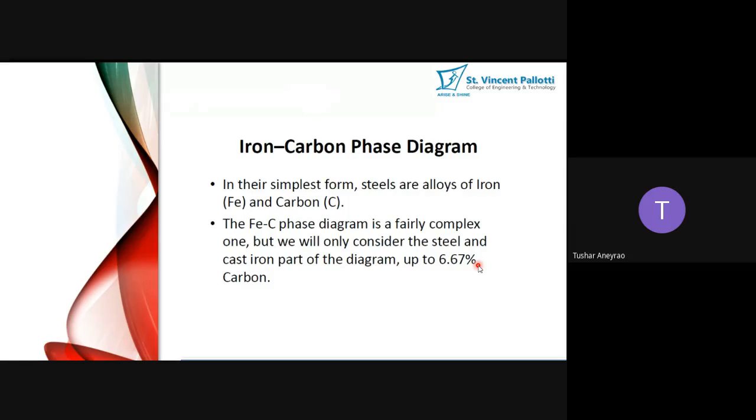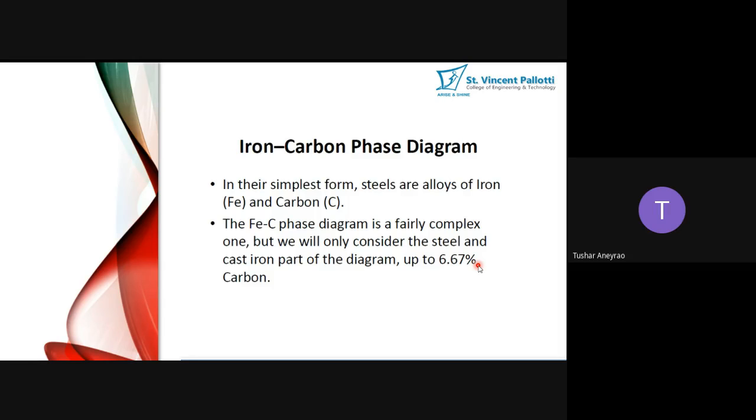We are studying this diagram only up to 6.67%. The diagram is available up to 100%, but we study it only up to 6.67% because the phases we get beyond this value of 6.67 percent in the iron and carbon mixture are not at all useful.